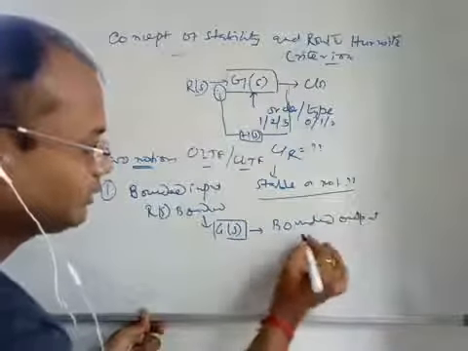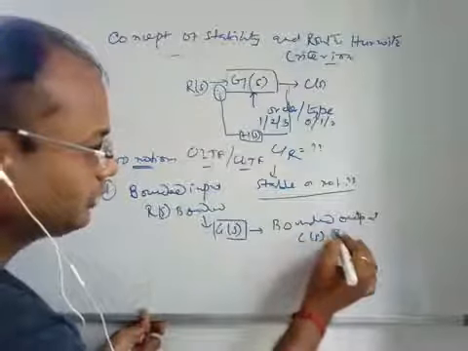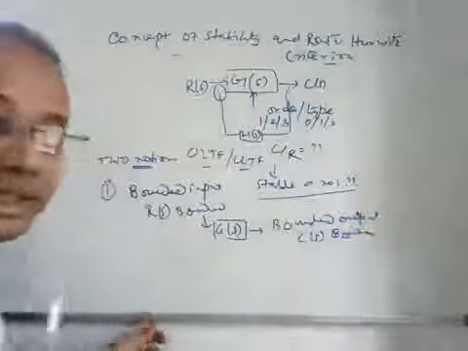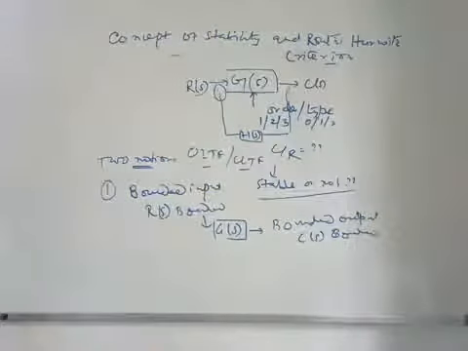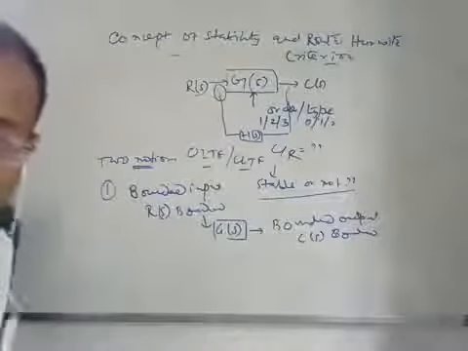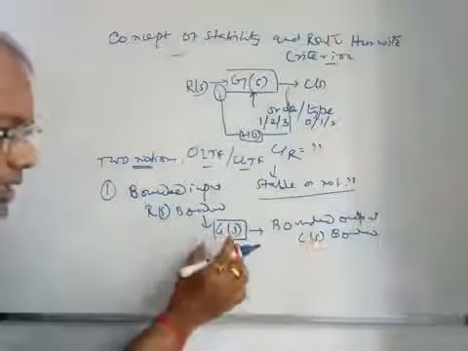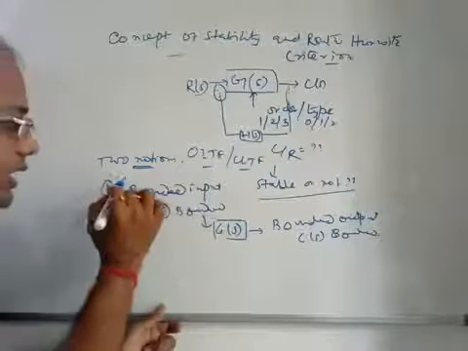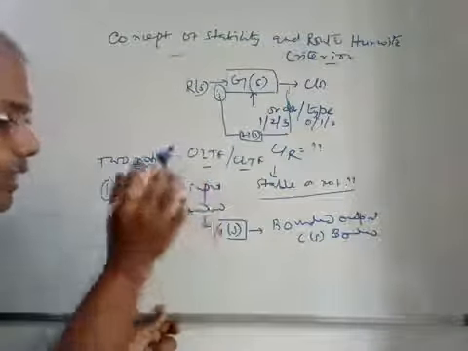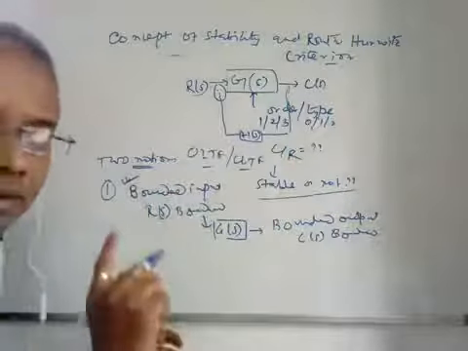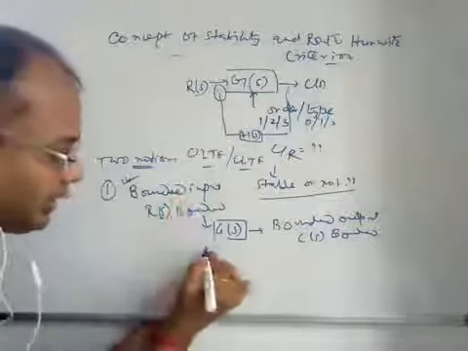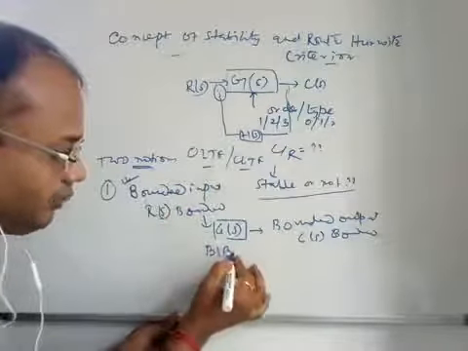That means C(s) will be bounded in nature. If you get a bounded output by applying a bounded input, that system is said to be stable, and that stability is known as BIBO stability.